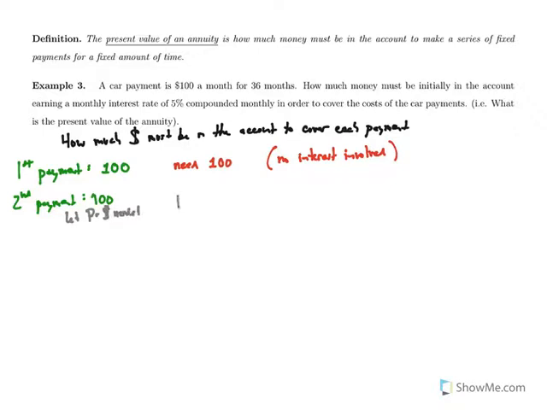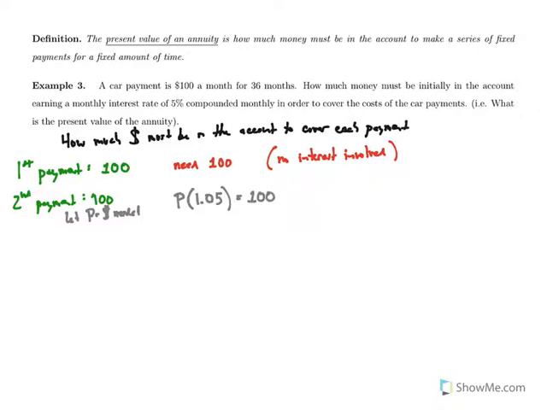So if I have P in there for 1 month and I multiply that by 1.05, that should be equal to 100.